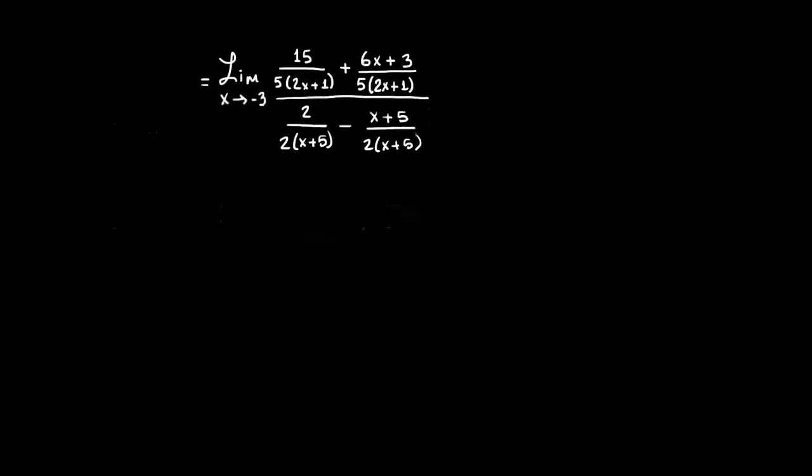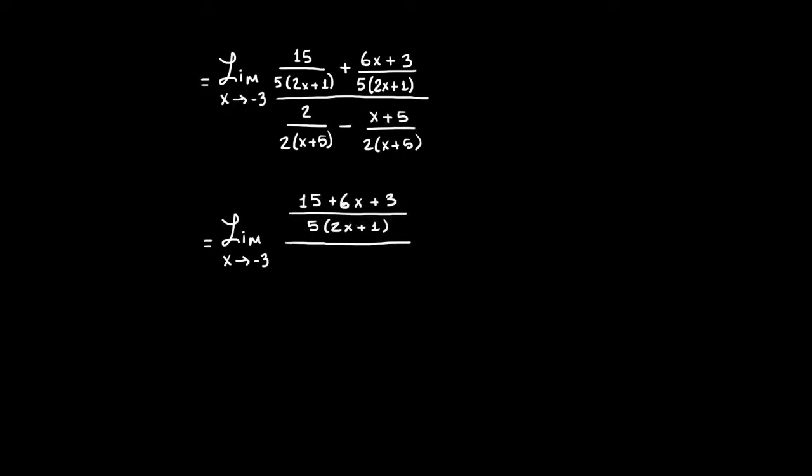Let's add up the fractions now. Adding up the fractions would be 15 plus 6 times x plus 3, all over 5 times 2 times x plus 1. Oh, it's a very ugly line.